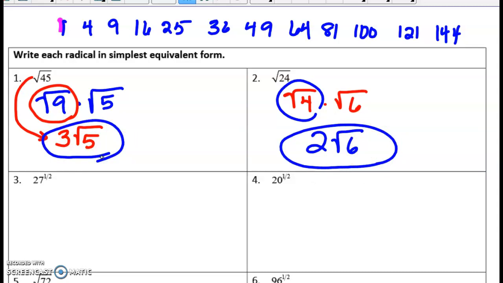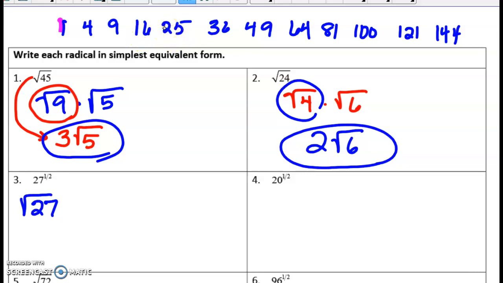Now, when you get to 3, the first thing you have to do is change it, so it would be the square root of 27. Now the square root of 27 is nice, but it's not a perfect square. I need to look at my list, numbers less than 27. What divides in? Nope, that would give you a remainder.